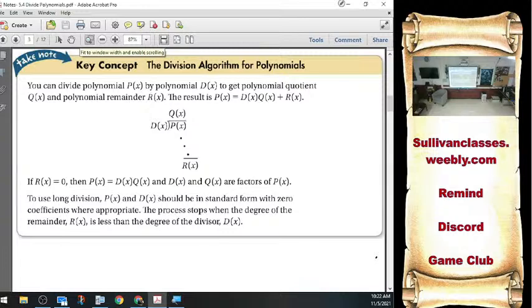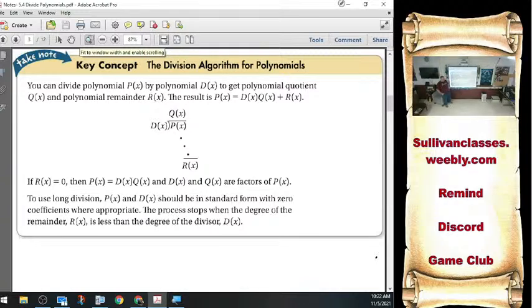Okay. The answer to a division problem is called a quotient. Whatever I got left over at the end was called a remainder. This is the correct, appropriate notation to say, if I take a polynomial and divide it by a divisor, I will get a quotient. The quotient might have a remainder.